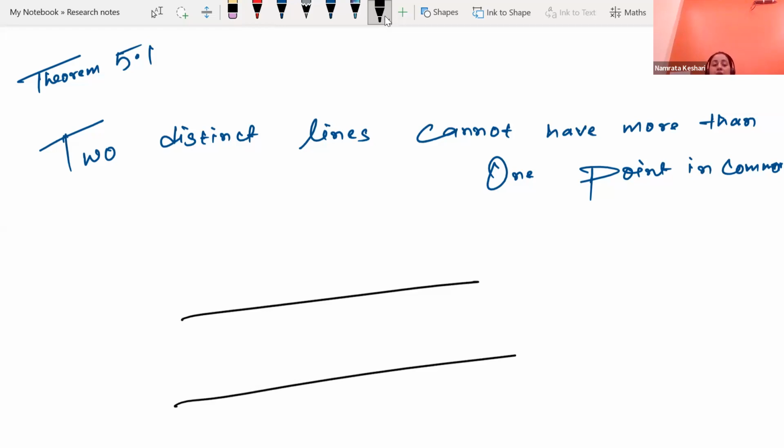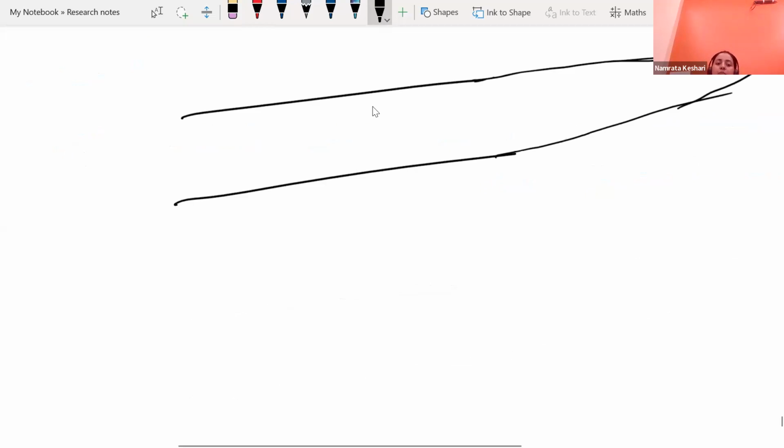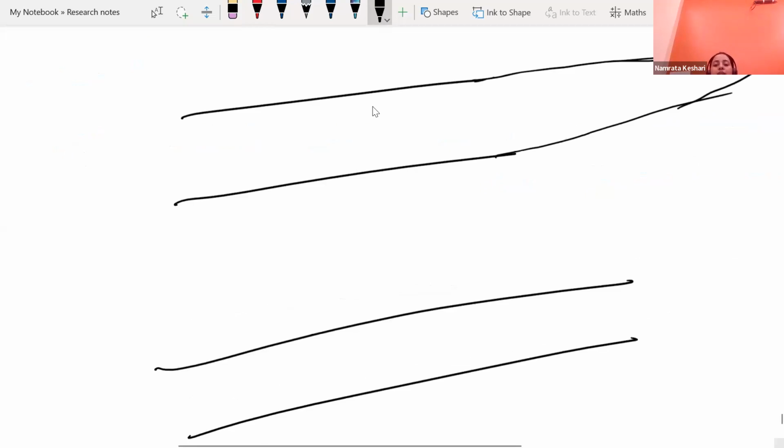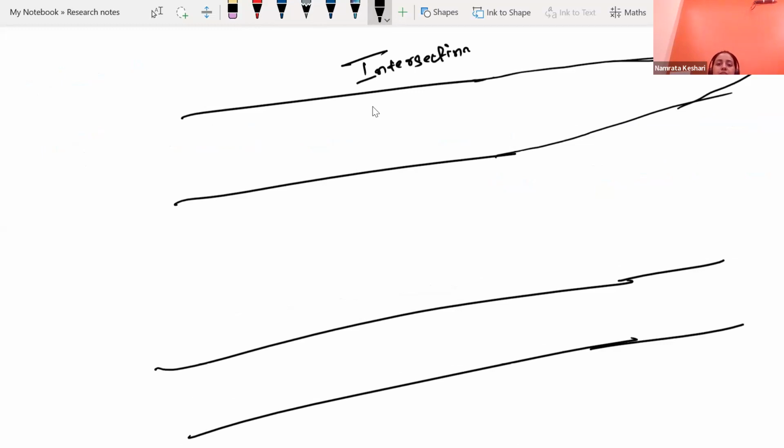That means the chances are when you produce them, both are going to intersect each other, or maybe both will never ever intersect each other. So this one is called intersecting lines, and this one is called parallel lines.